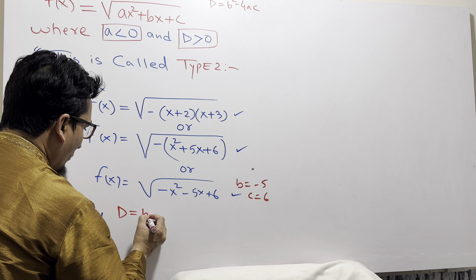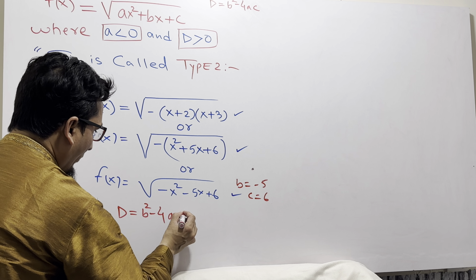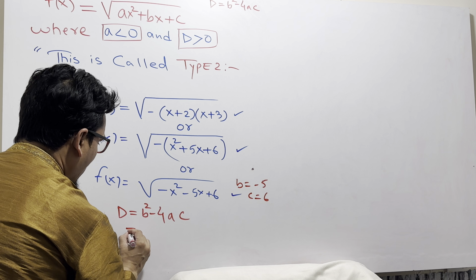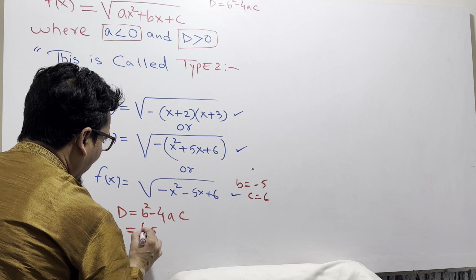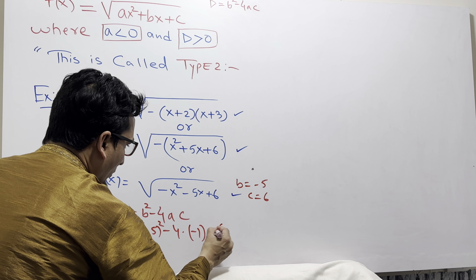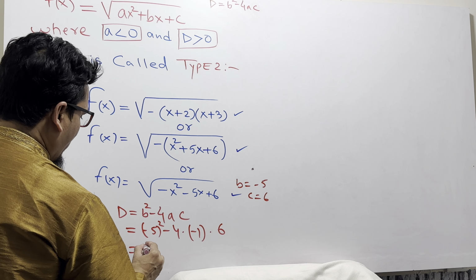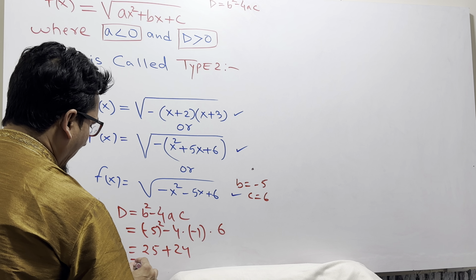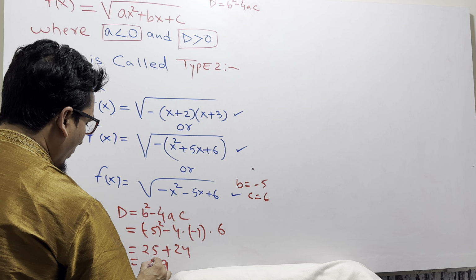D is equal to b square minus 4ac. What is the value of b? Minus 5 whole square, minus 4 into a which is minus 1, and c which is minus 6. So 25 minus 24 gives 49.